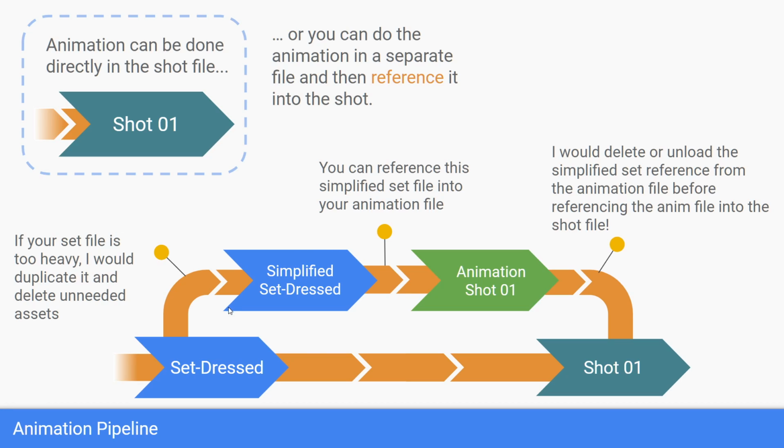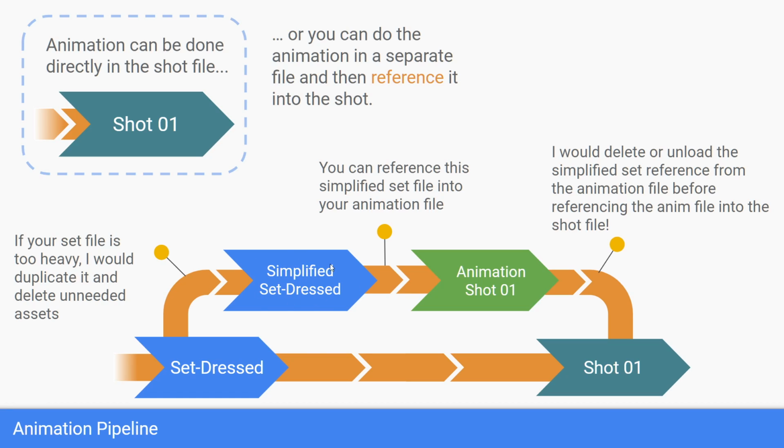All I really need is the counter, the character, and maybe a coffee cup that they're interacting with. So the simplified set dressing file is where the animator can do all their animation work, and the file is simplified to a point that it's really easy and quick for them to make changes and see those changes. It's not going to crash their laptop.